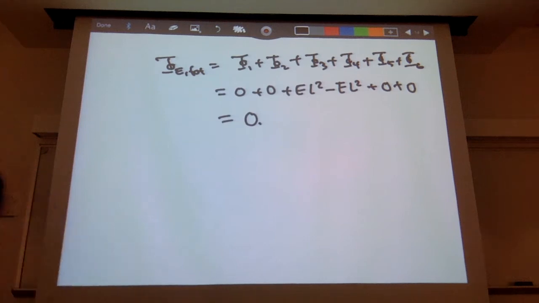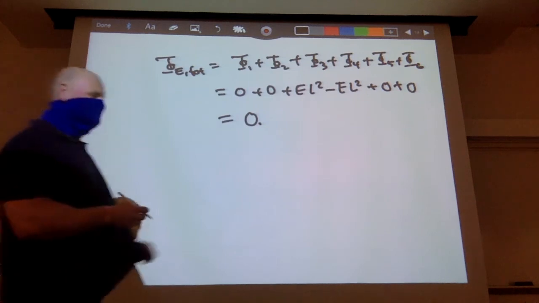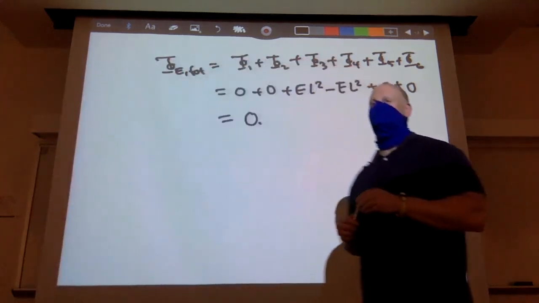So this says that what? The total flux through the closed surface in a uniform electric field is equal to 0. Did we already know that ahead of time? Yes, because there was no charge enclosed inside the surface. Since the charge enclosed is equal to 0, the total flux then must be equal to 0.